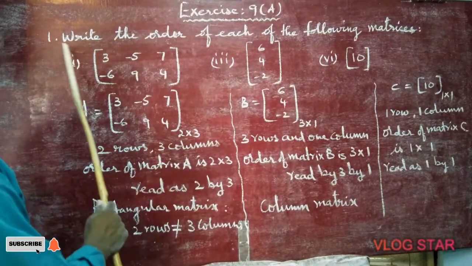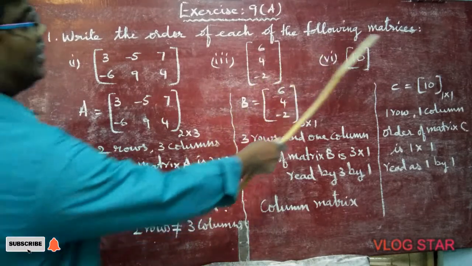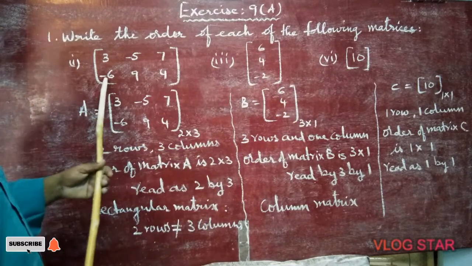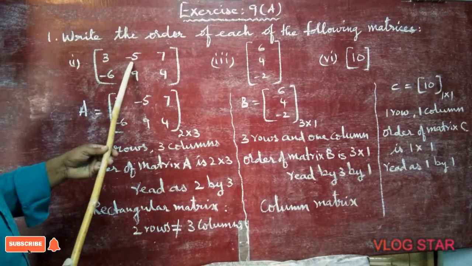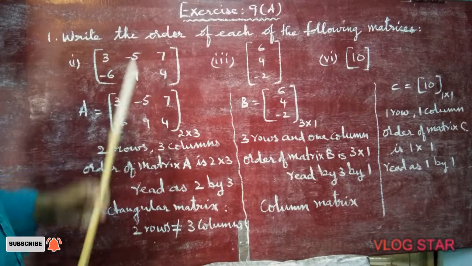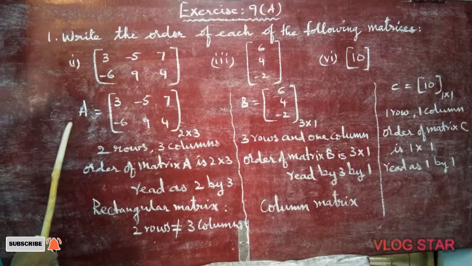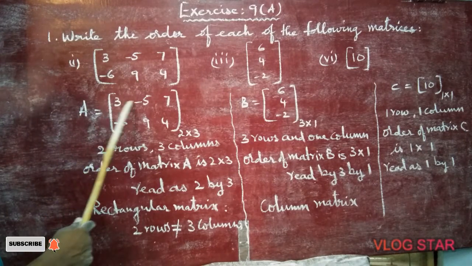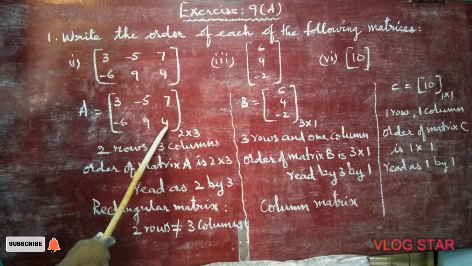Exercise 9A, first problem. Write the order of each of the following matrices. They told us to write the order. This is the matrix given: 3, minus 5, 7, minus 6, 9, 4. Keep any capital letter. A is equal to 3, minus 5, 7, minus 6, 9, 4.